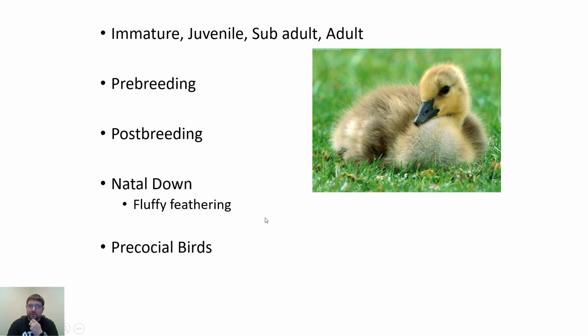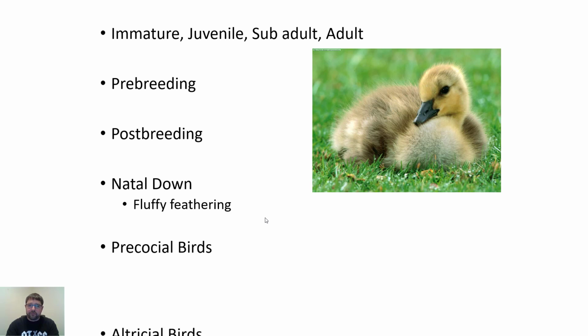The other notion that is important, especially in the case of birds, is the difference between life cycles in birds. Just like we have differences in life cycles in fish, whether you're anadromous and can move, or you're moving from marine environments to freshwater environments, whether you stay in freshwater or stay in marine environments, is important to know.